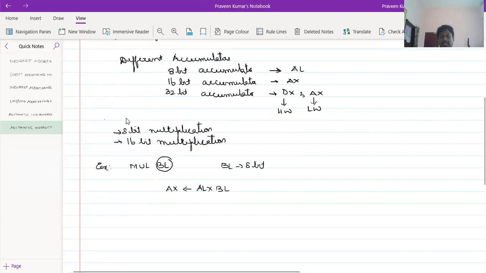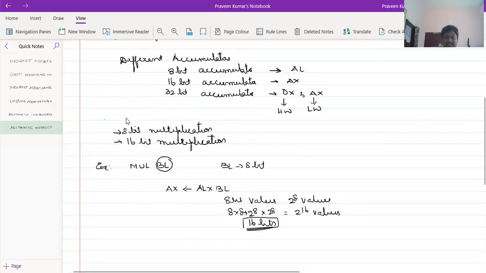Because now I'm not doing addition, I am doing multiplication. An 8-bit value gives me 2 power 8 values, so 2 power 8 into 2 power 8 gives me 2 power 16 different values. So it cannot overcome the size of 16 bits.